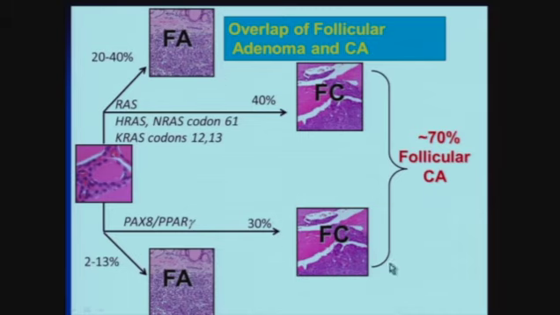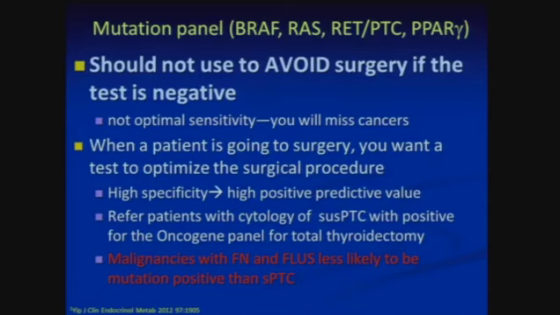And so again, this is problematic that we cannot distinguish between cancers and adenomas based on these particular types of genetic rearrangements. The RET-PTC and the BRAF are usually going to be positive in papillary thyroid cancers, but these type of follicular lesions remain the challenge and unfortunately, again, have a significant overlap even in the genetic expression of these particular lesions.